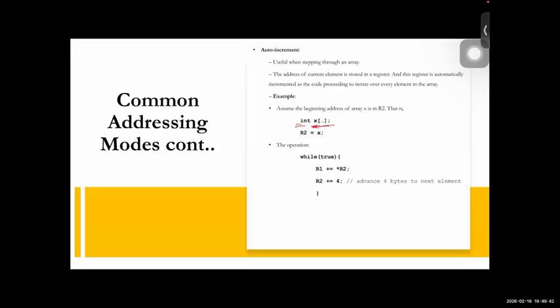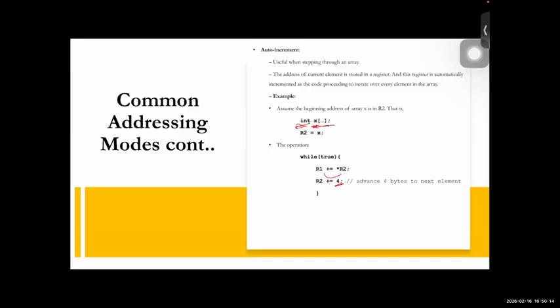In the R1 register, the element at the beginning address will be stored first. Then the next element will be stored. It is integer type, so in the next iteration, the next element is 4 bytes away from the base address. In the third iteration, 8 bytes away. So it advances 4 bytes to the next element.